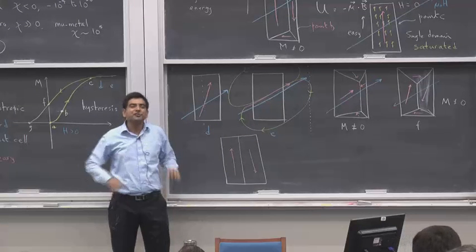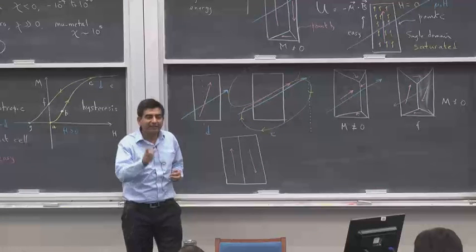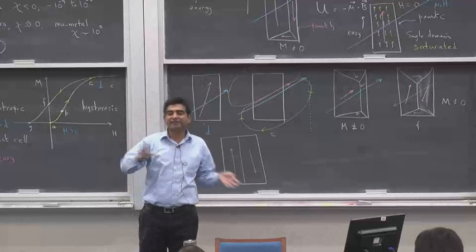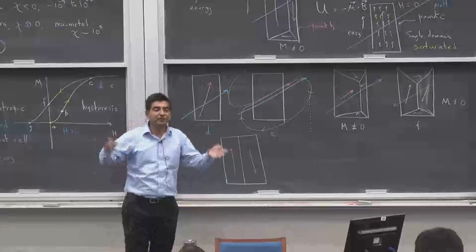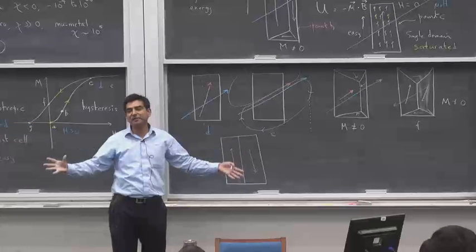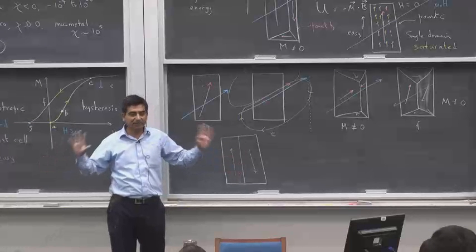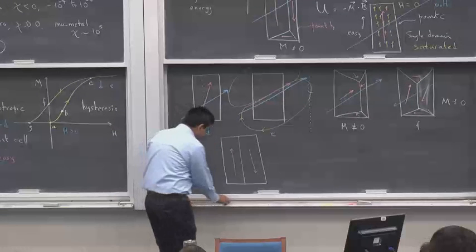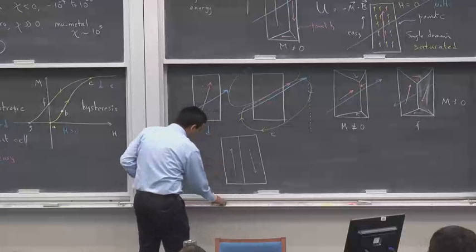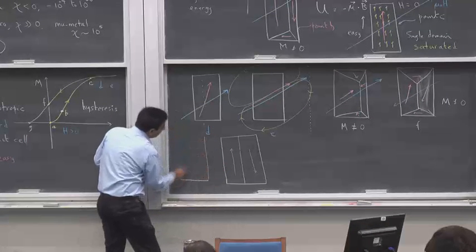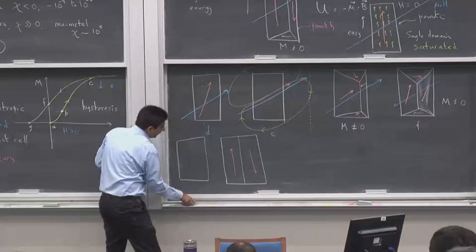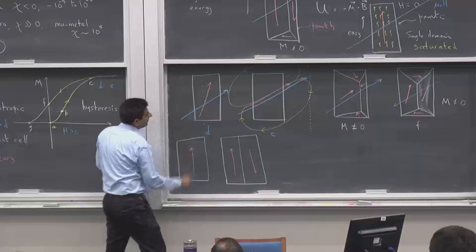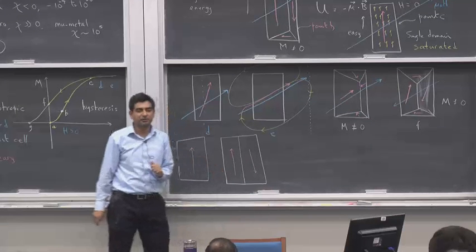We know that. So why doesn't a material like iron always spontaneously split up into many small domains, because that's going to lower the magnetostatic energy? That's the question. This configuration has a lower energy than this configuration. Why? Because the magnetostatic energy is lower.